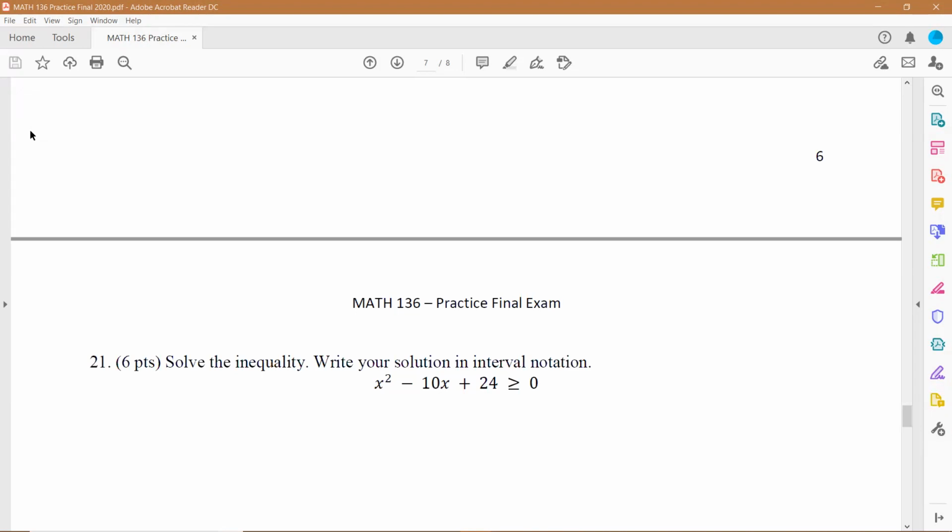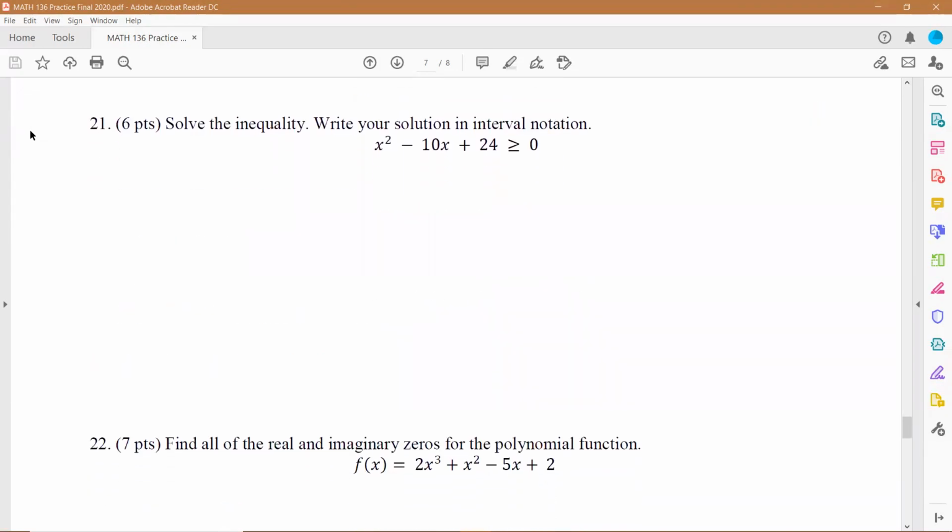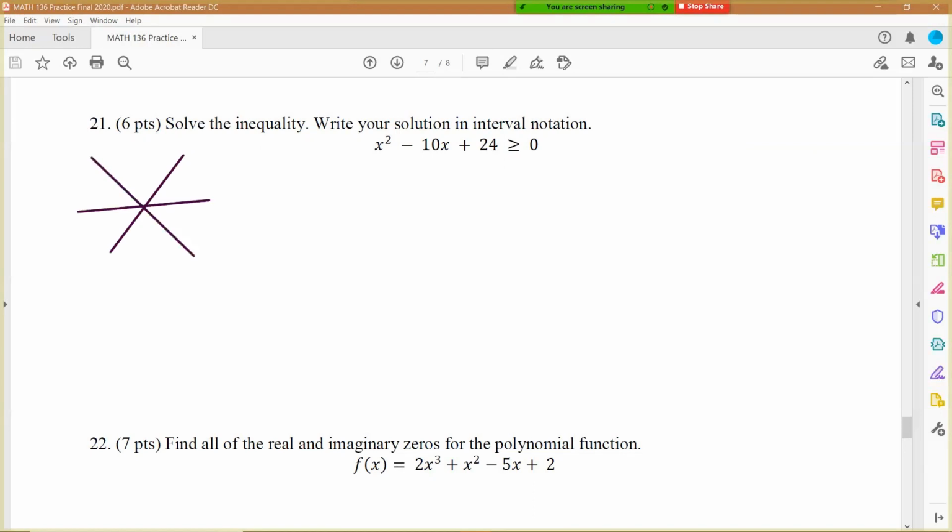No, you're good. For question 21, we're going to solve this inequality. We're going to write our answer in interval notation. I think this is the other lesson that got cut out, if I remember right. First thing you want to do is factor it. So take x squared minus 10x plus 24. Factor it.